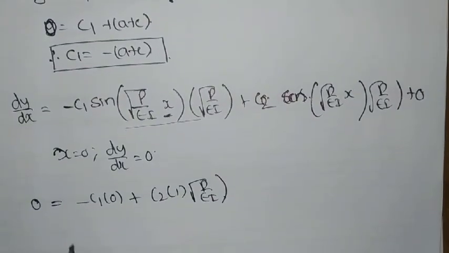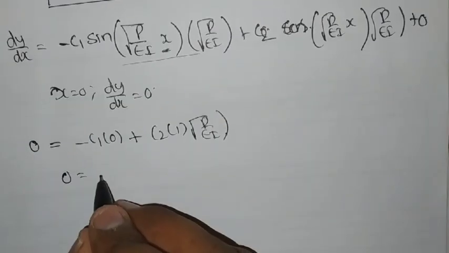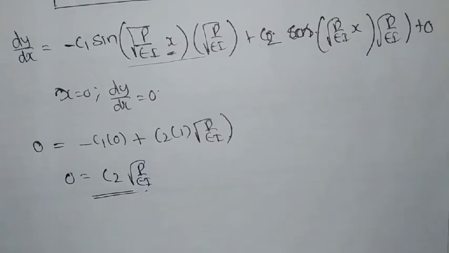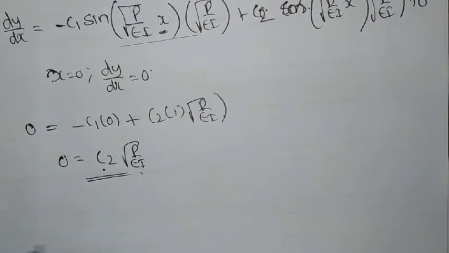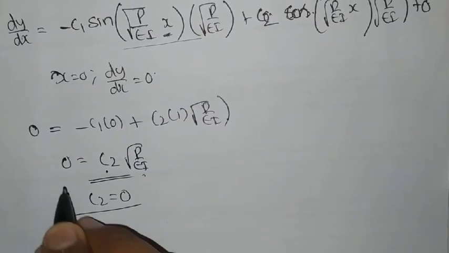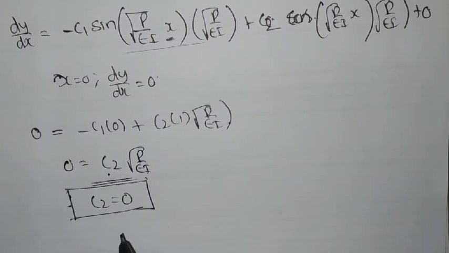Then 0 is equal to c2 into root of P by EI. So it is clear that either c2 is equal to 0 or root P by EI is equal to 0. Therefore the value of c2 becomes 0. Now we have found out the values of c1 and c2.